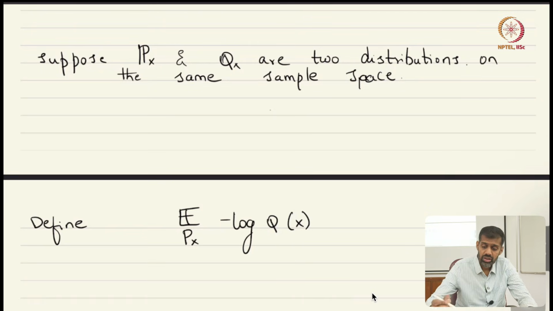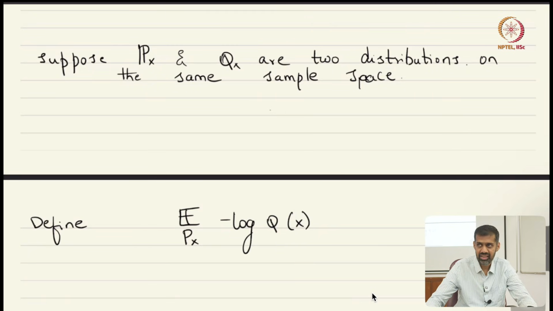Okay. What does this give you? So negative of log of Q of x will give you the information or surprisal associated with the events under the distribution Q, correct? Now if you take expectation with respect to Px, then what am I saying? I am saying that my actual samples have come from Px, but I am estimating Px to be Qx.